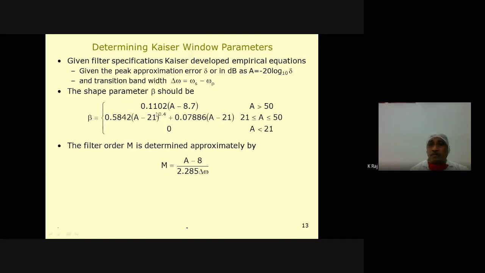After the calculation of A, we can calculate beta depending upon the different values of A, whether it is greater than 50, lies between 21 and 50, or is less than 21.